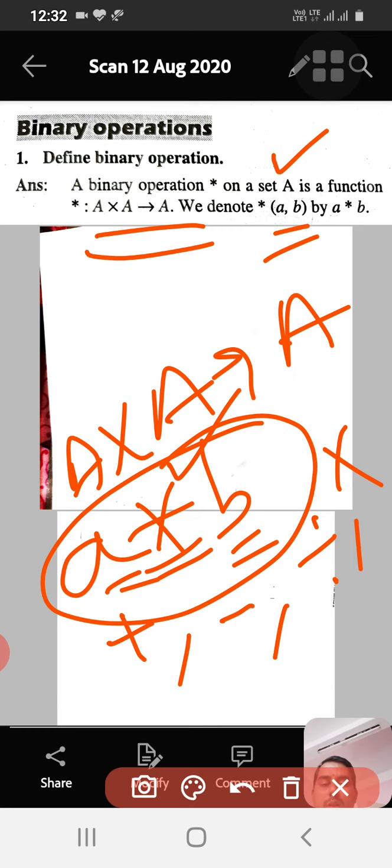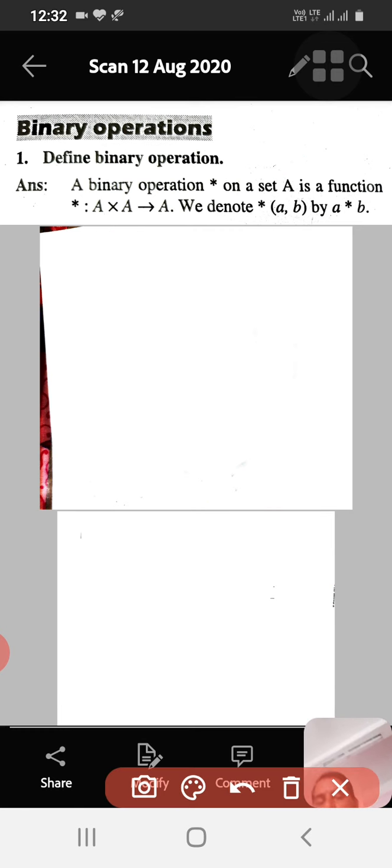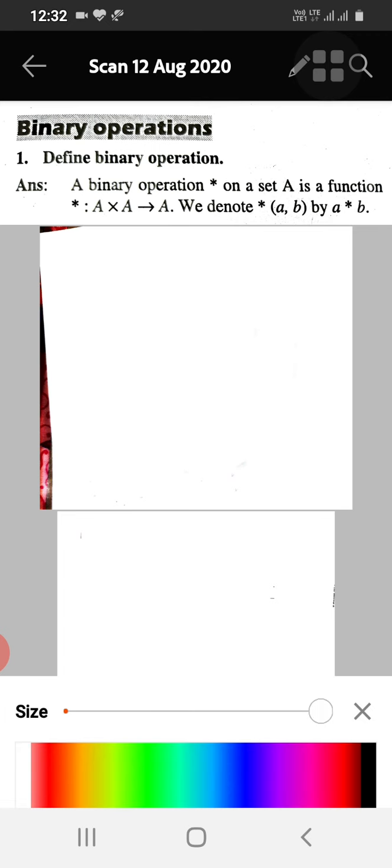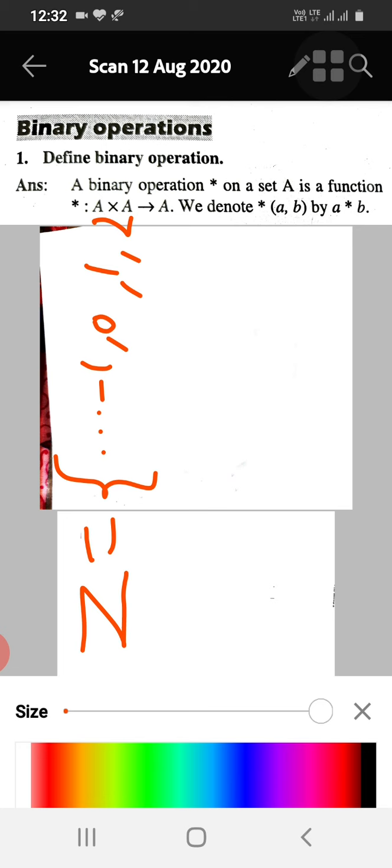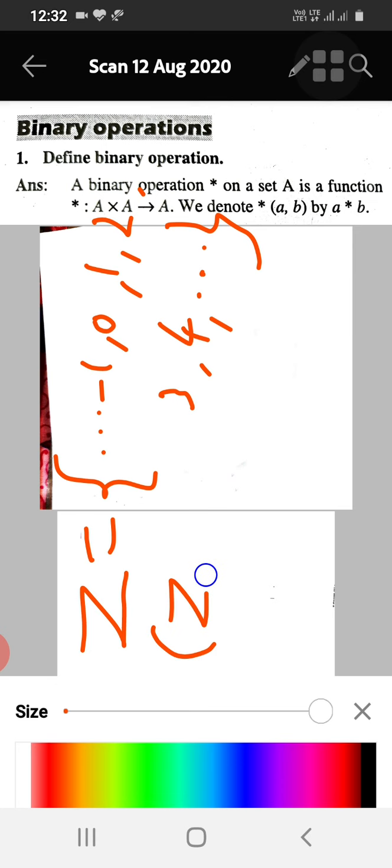Okay, so let us take another example here. I will consider integers here: minus 1, 0, 1, 2, 3, 4. This is the set of integers. Now let us check whether it satisfies or not.